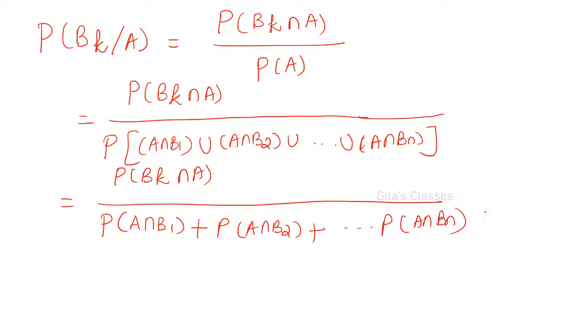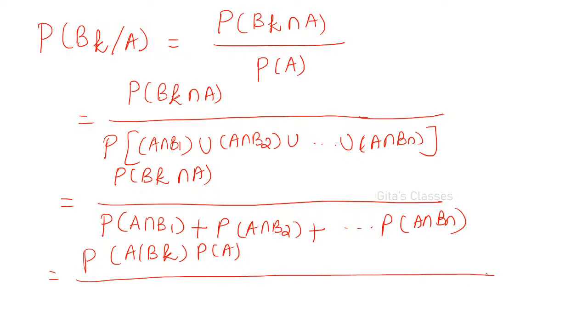Just like that you cannot write. Now because these sets are mutually exclusive, I can write like this. Okay. In the previous class we have seen this in the additive theorem. Now you expand it. P of A given Bk into P of Bk by the multiplicative theorem, right? Same thing in the denominator also.